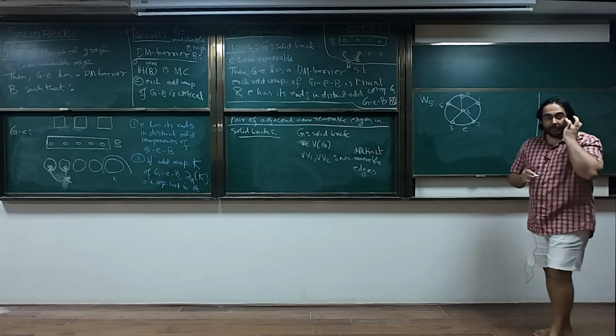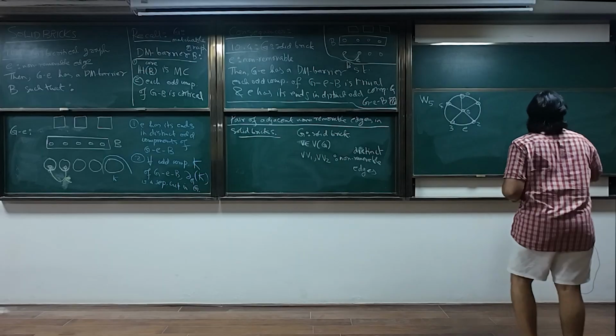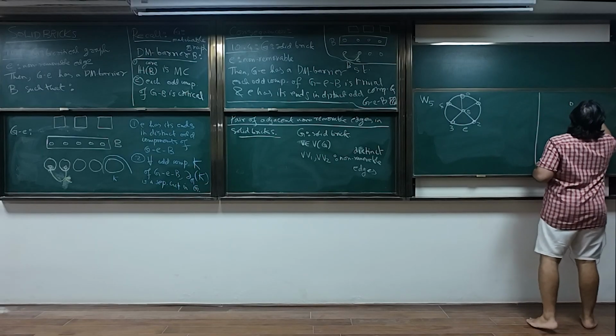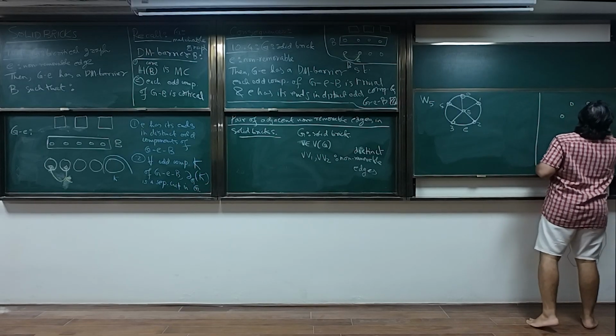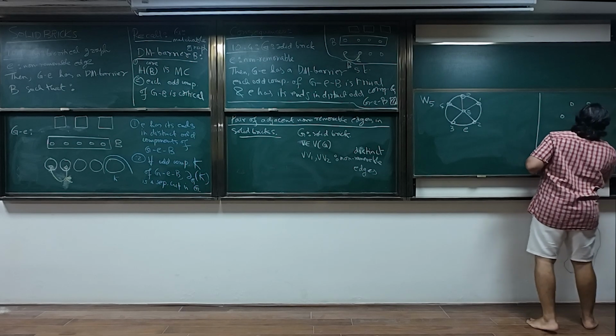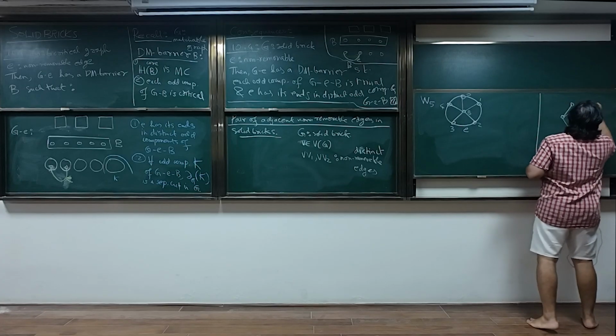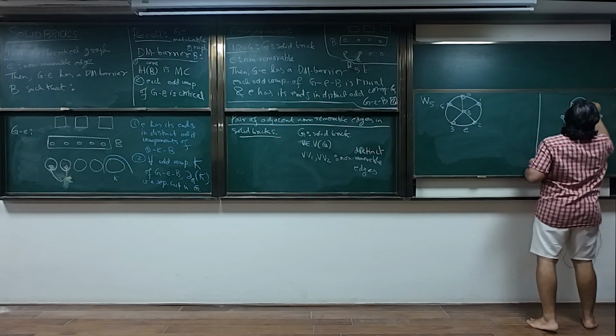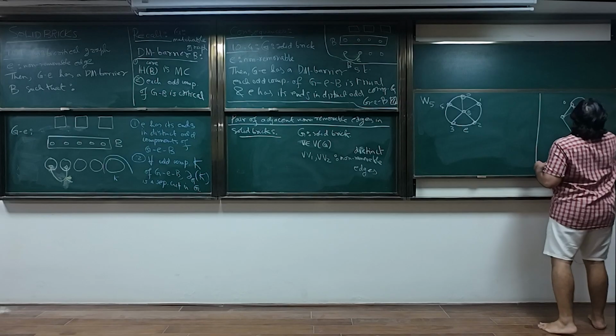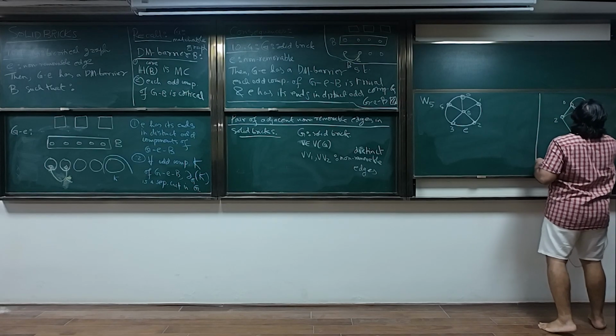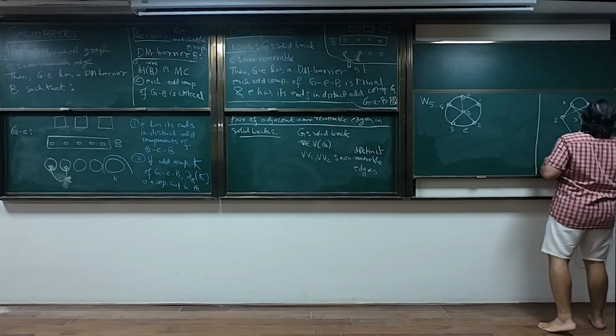The next solid brick I'm going to choose is the Murthy graph. But here I'm going to ask you to first figure out what are all the non-removable edges.